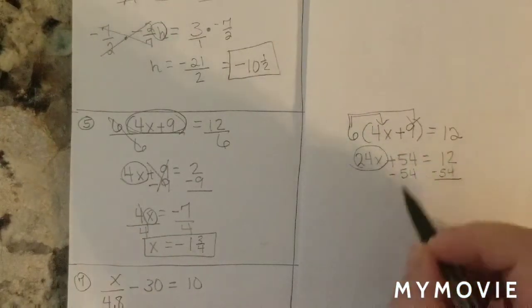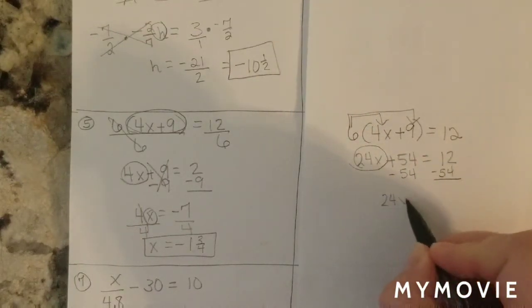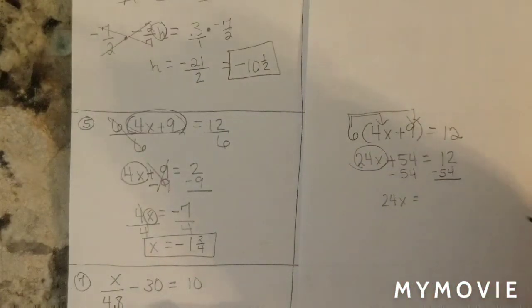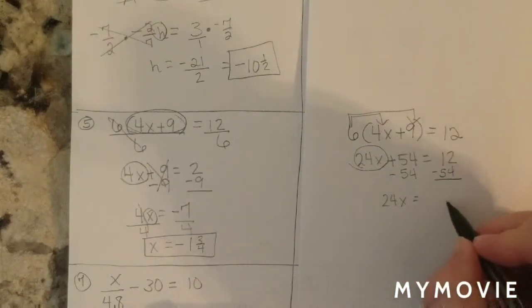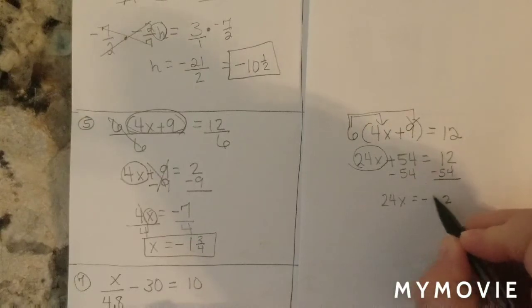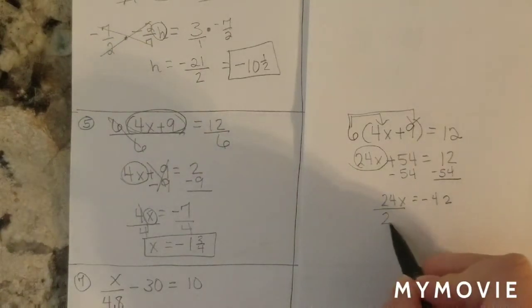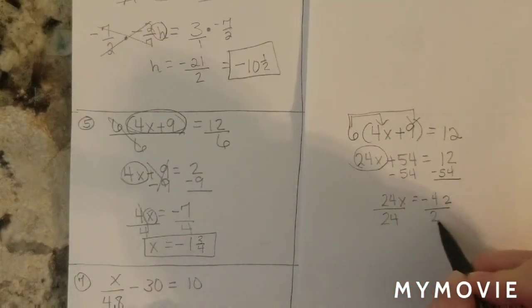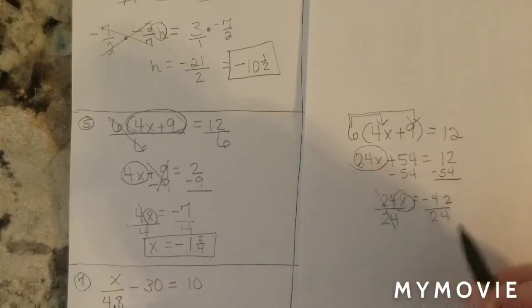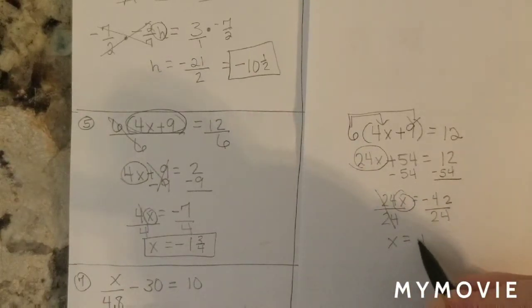That leaves me with 24x, and 12 minus 54 is going to be negative 42. Then I divide both sides by 24, and x is equal to negative 1 3/4.